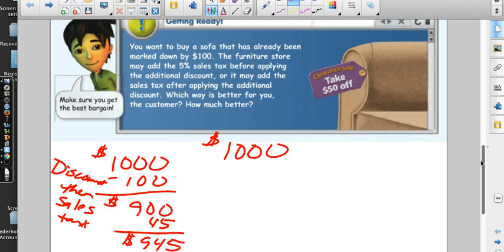So I start thinking, what if I don't think through it? Say I don't care when you do the sales tax. You do the sales tax right now. You want to do that? Well, that's going to be 5% of $1,000. Do we need a calculator? How much is that going to be?